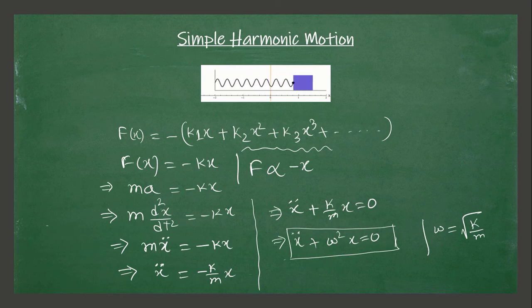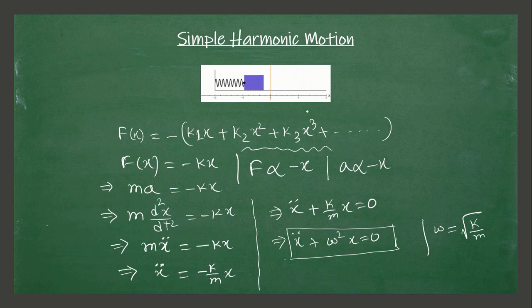Now, let us take a different view of this. As we can write F to be proportional to minus x, from this we can write a to be proportional to minus x as well, because m is a constant and F equals ma. So acceleration is actually proportional to the displacement with a minus sign.